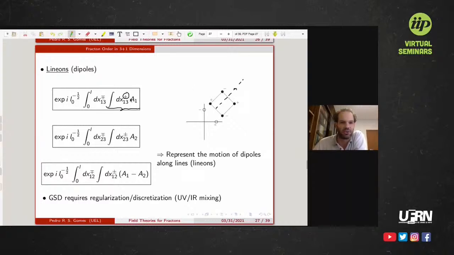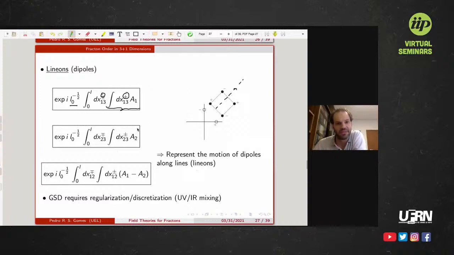To make this more precise, we integrate out in the perpendicular direction, which corresponds to the size of the dipole. And still you have to introduce the lattice spacing in order to produce a properly dimensionless line operator. We can proceed in the same way with the other directions. So all these spatial line operators represent the motion of dipoles along lines. These particles are usually called lineons, right?